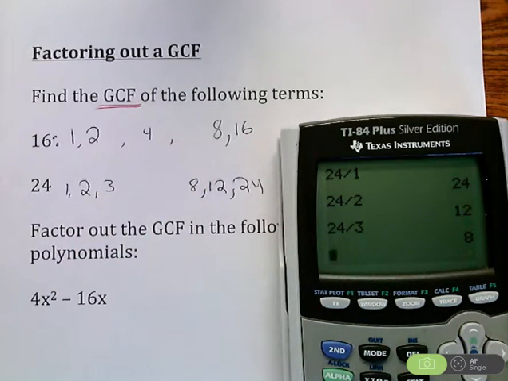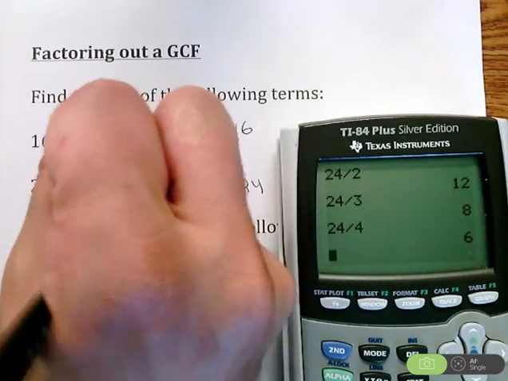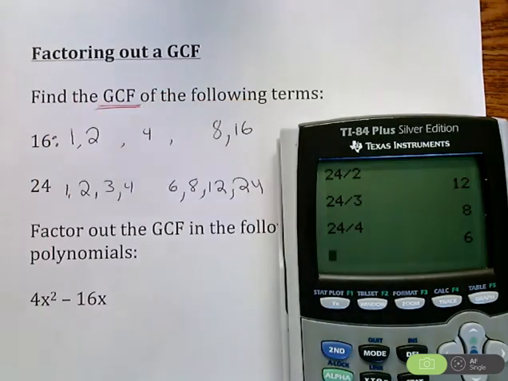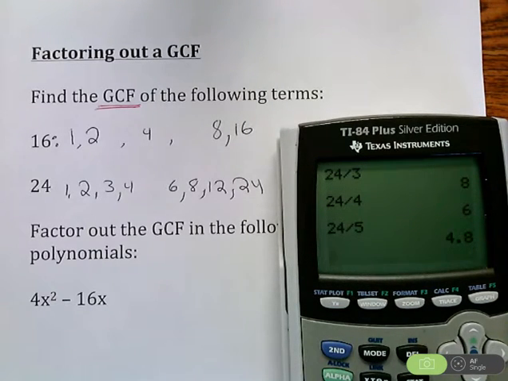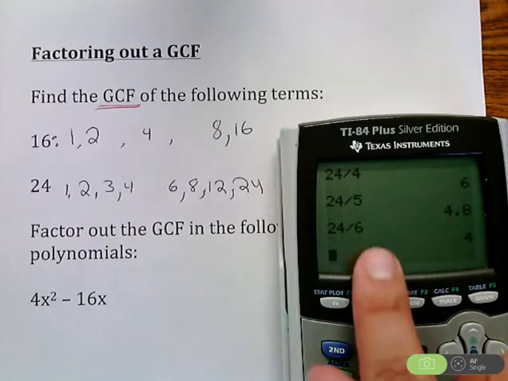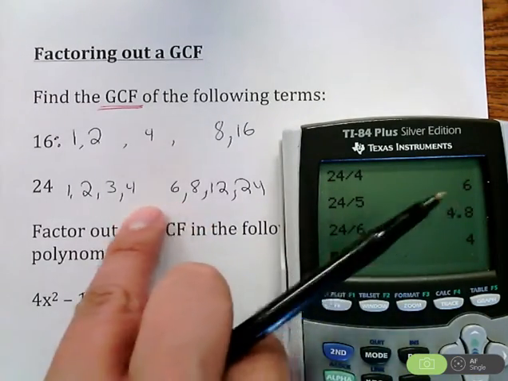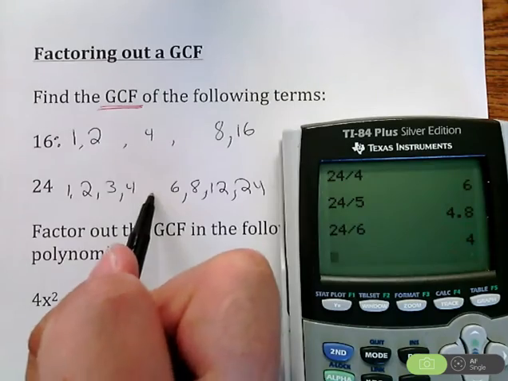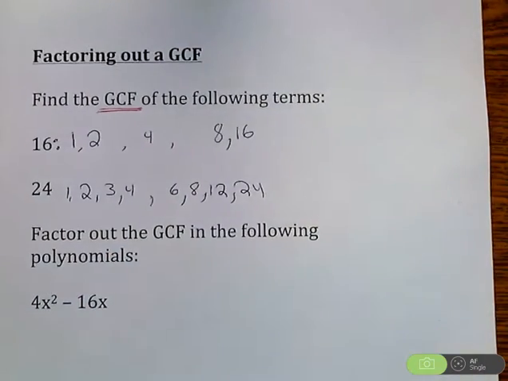I'm going to keep going. 24 divided by 4, and I know 4 times 6 gives me 24. Then I'll keep going. 24 divided by 5, I get a decimal. And I would stop there because for 24 divided by 6, 6 and 4 I already have. So that's when I know, all right, time to stop there.